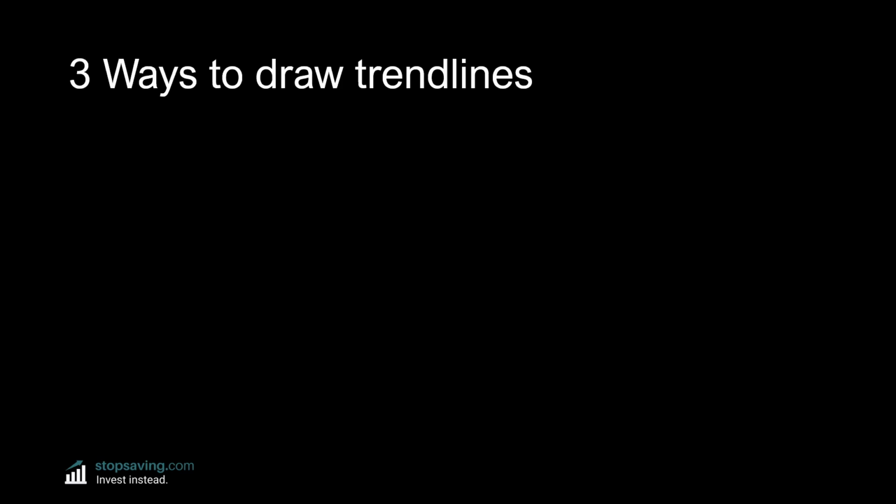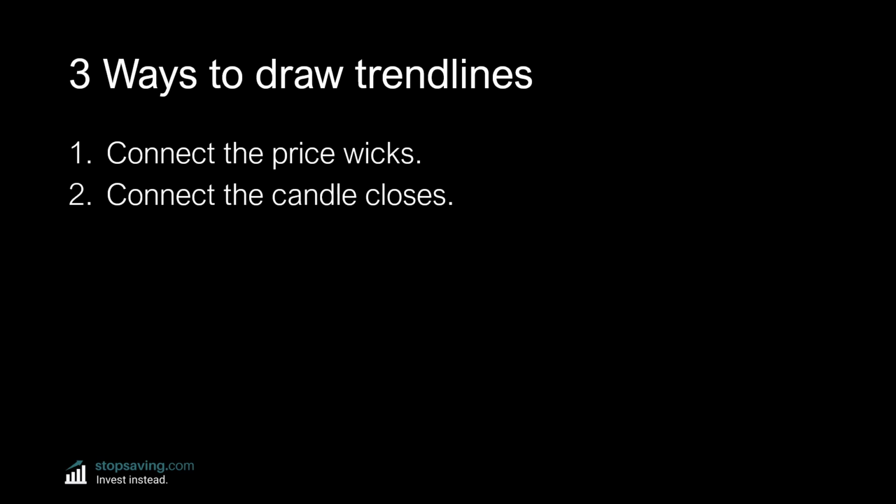And this brings us to our next question on trend lines, which is, how do you draw trend lines on a price chart? Well, there are three ways to do it. The first is that you could connect the price wicks, or each low or high. Or you could connect the candle closes.